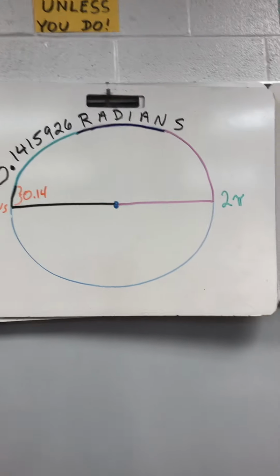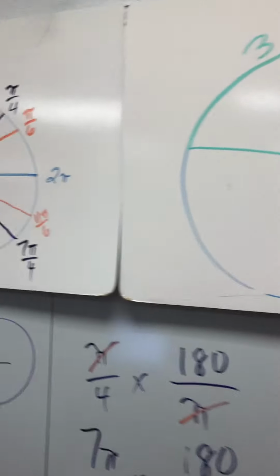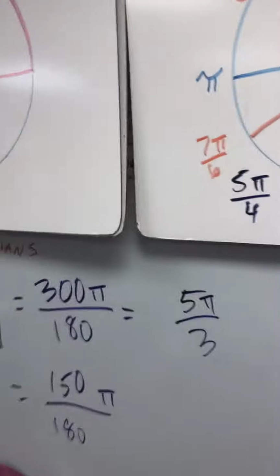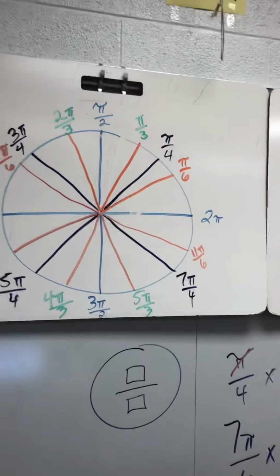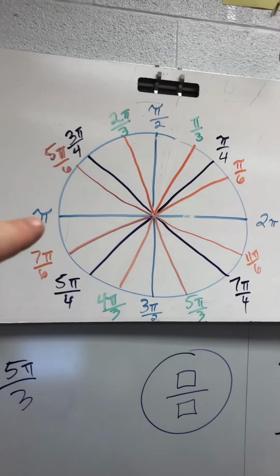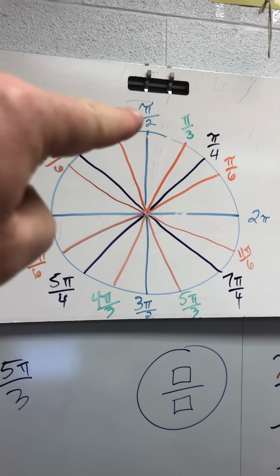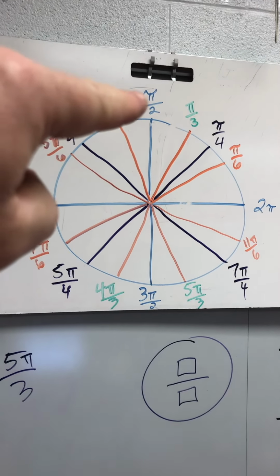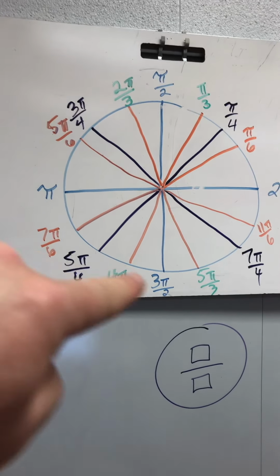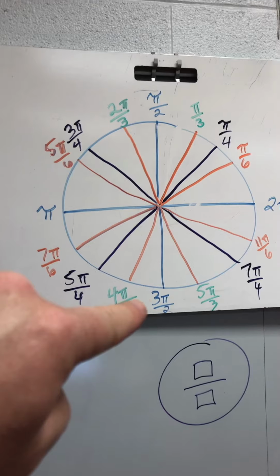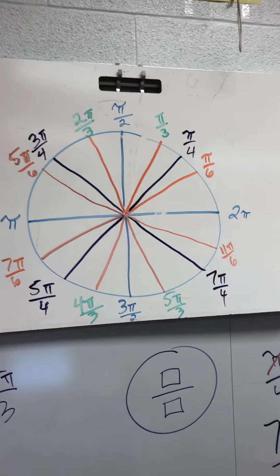So that means if halfway across is pi, that means that is going to be half pi, or 1 pi over 2, making this 2 pi over 2, and this is 3 pi over 2, 4 pi over 2.